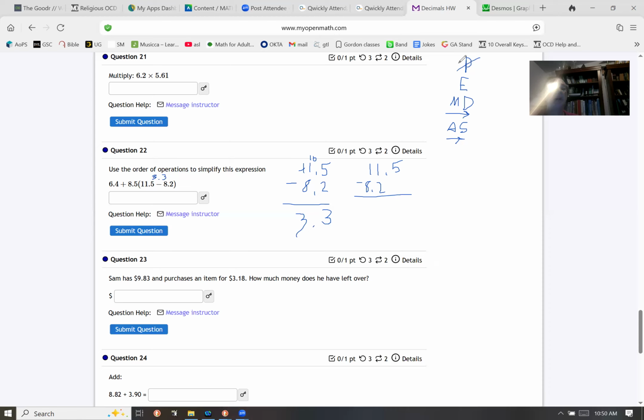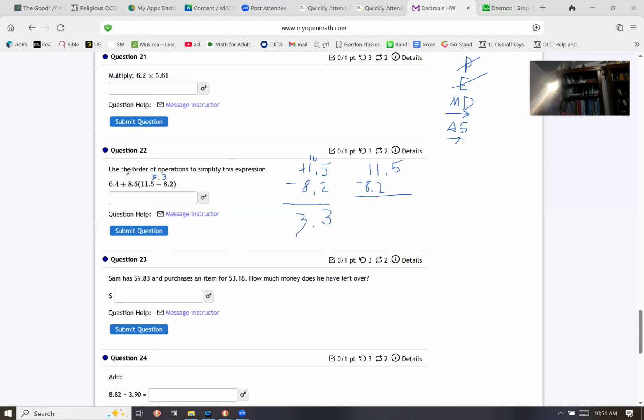Thank you, Kenneth. There are not, so we can skip over that. Is there any multiplying or dividing that we have to deal with? Yes, there's multiplying. We need to do the 8.5 times the 3.3 before we do the adding.